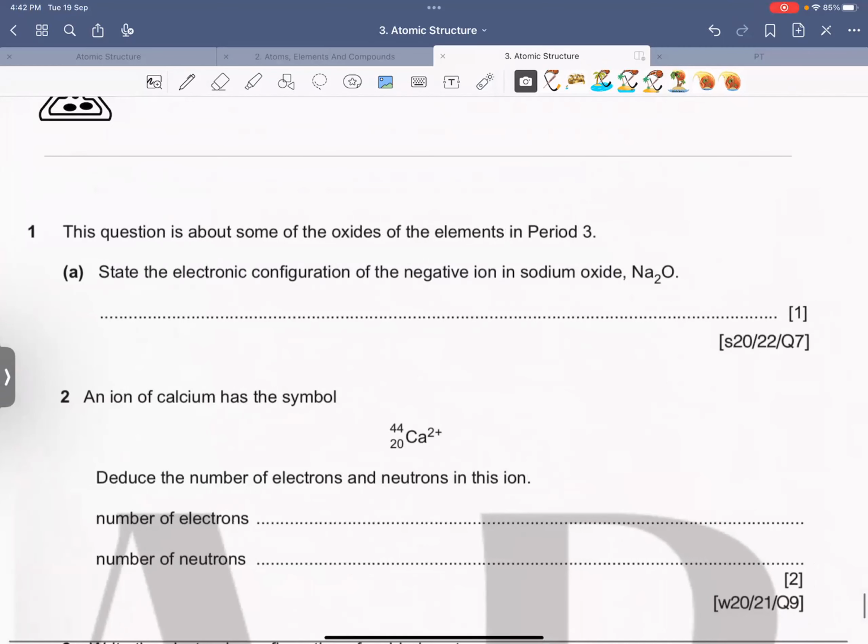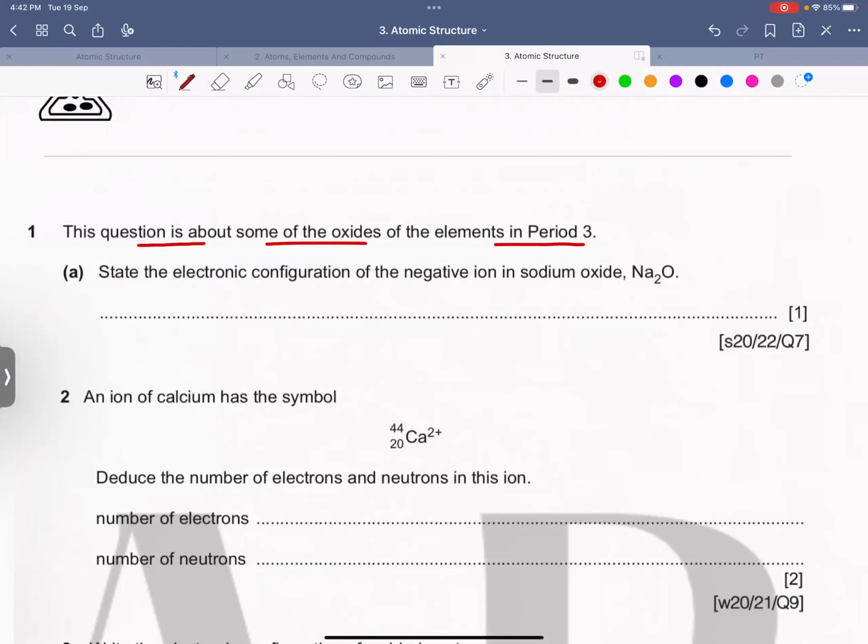In the first question, what are they asking? This question is about some of the oxides of the elements in period 3. State the electronic configuration of the negative ion in sodium oxide. So the negative ion is oxide, and as we have discussed, from the name we got its negative ion as ide is written instead of oxygen.